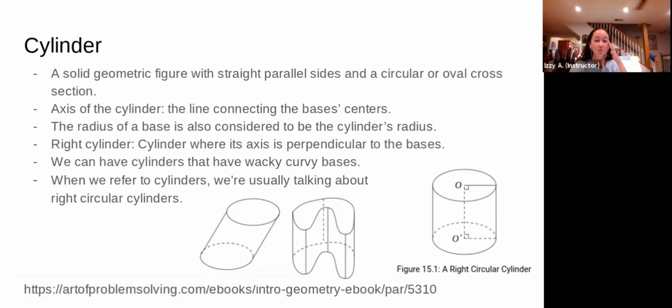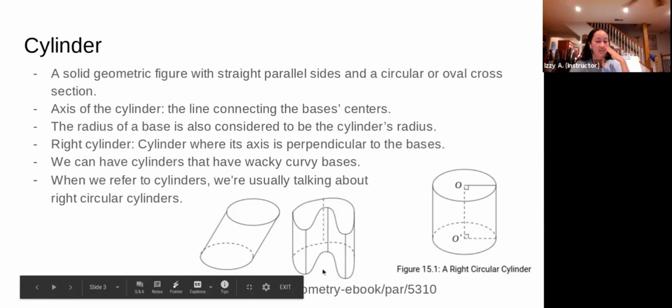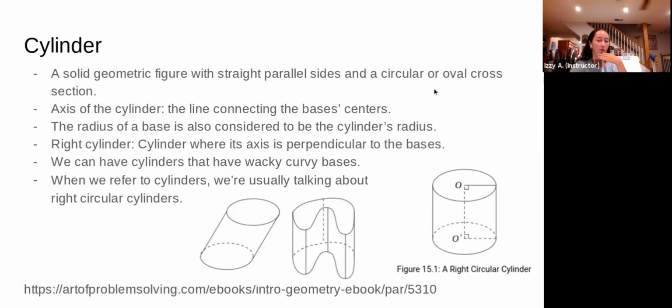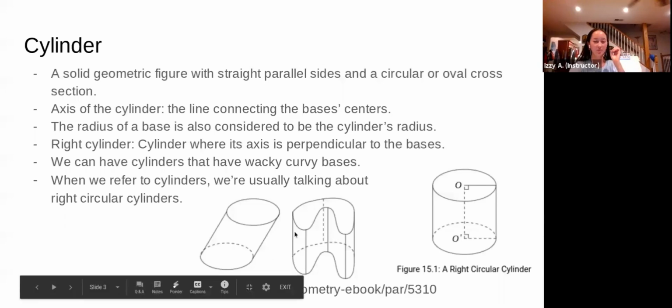So this would be considered a cylinder. The second part of this definition is circular or oval cross-section. This applies more to the right circular cylinders, the cylinders that we're used to dealing with more often. But cylinders can also include these really weird ones.